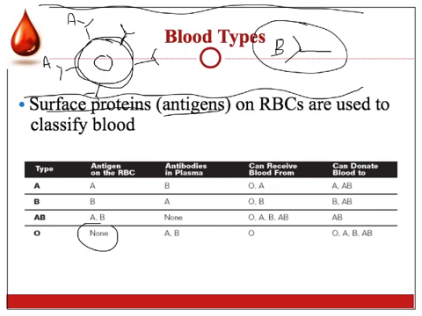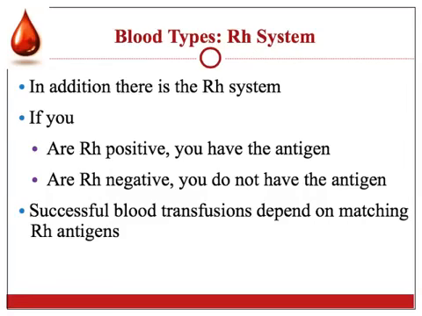And we went over this in the genetics unit a little bit. But just because we have to complicate things, because that's what we do, in addition to having A, B, or O, you have heard of some having A positive blood or A negative, or B positive, B negative, O positive, O negative. And that positive and negative refers to an additional antigen, an additional thing on the surface of the red blood cell that comes from what we call the Rh system.